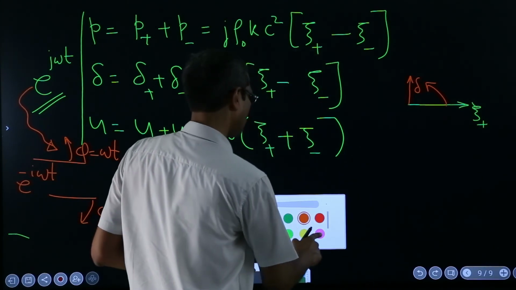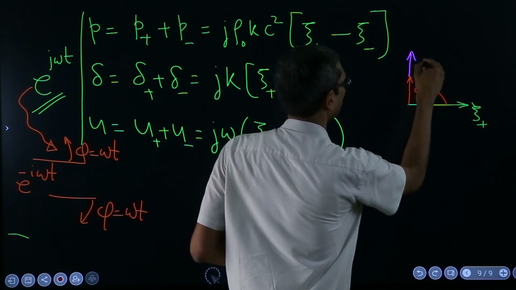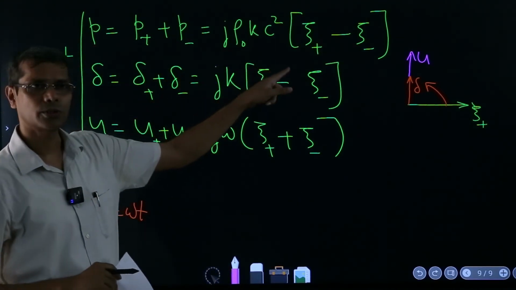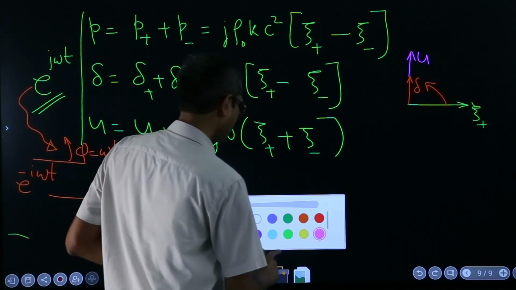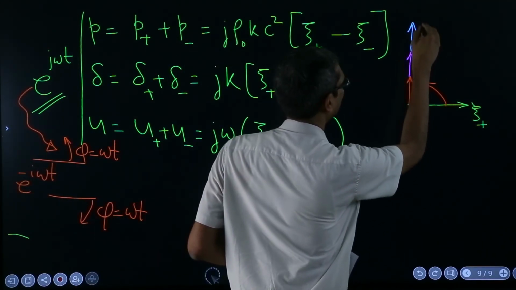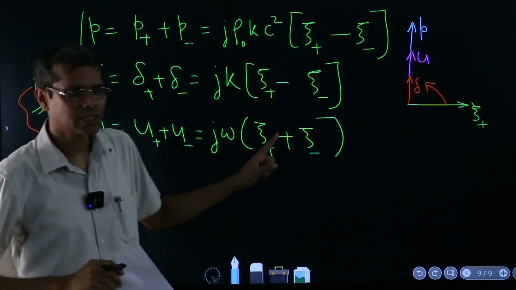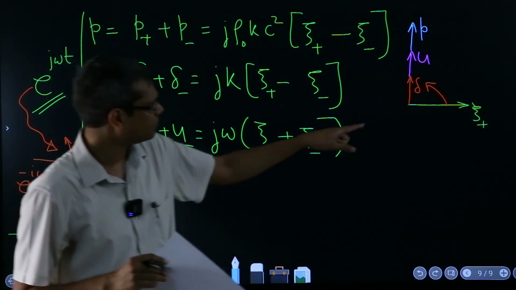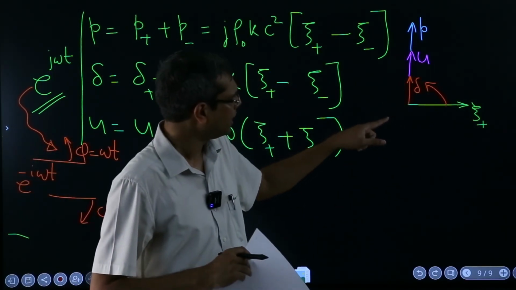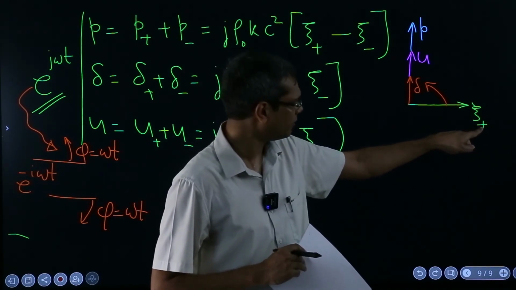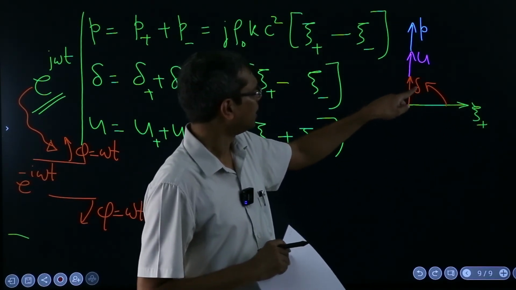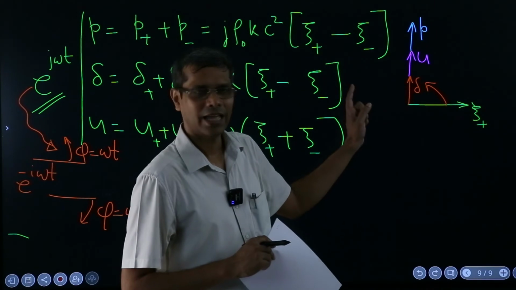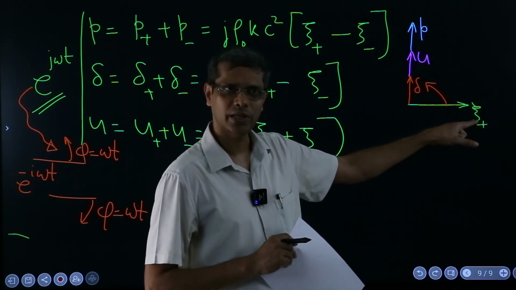So, suppose now I draw P also, that means P also leading. So, now it tells you that, in English now, in a forward moving progressive wave, this plus tells me that condensation, particle velocity and pressure all are in phase, and they are leading the displacement by 90 degree.